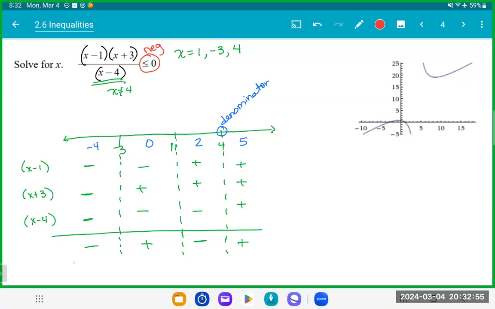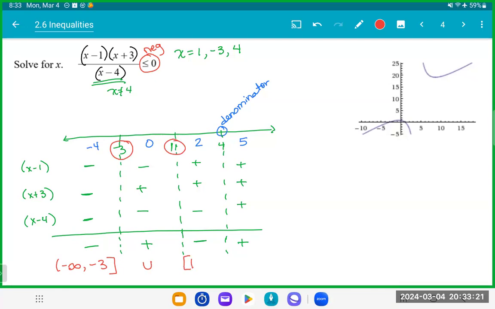So my negative is from negative infinity to -3, but I can include -3, so we'll put a bracket, okay? And then I can come over here and I'm going to go from +1. I can include +1.